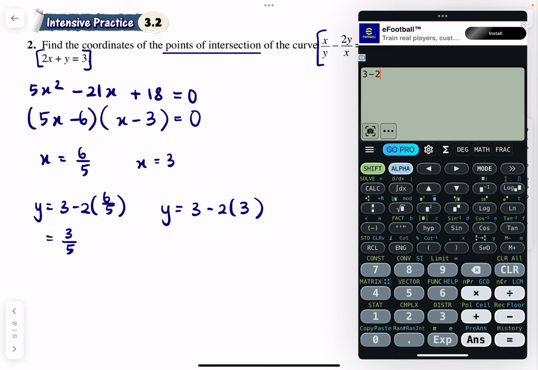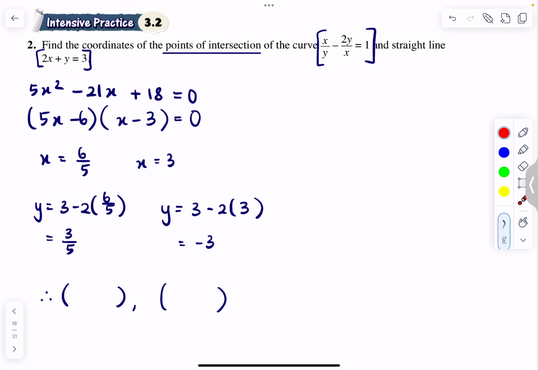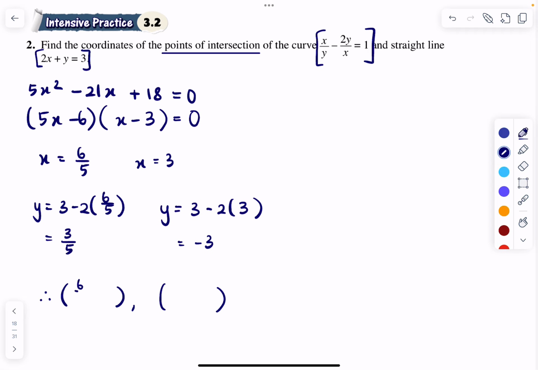And then 3 minus 2 times 3 will give us negative 3. So we can say our coordinates of intersection will be 6 over 5, 3 over 5, and 3, negative 3. This will be our intersection points. That's it. This is the answer.